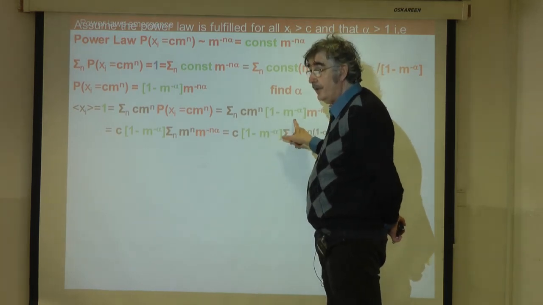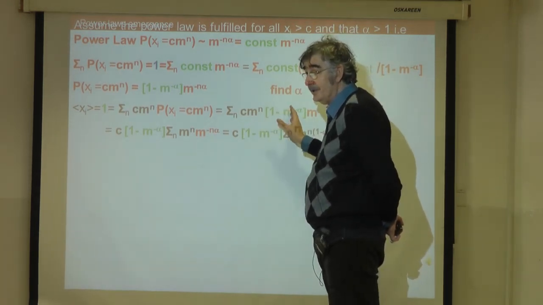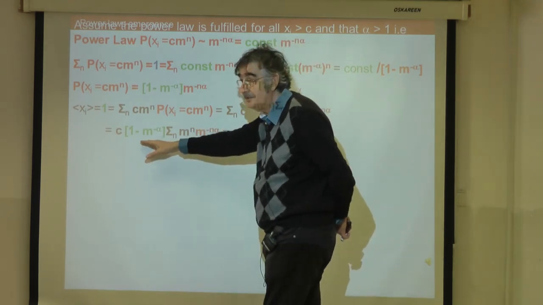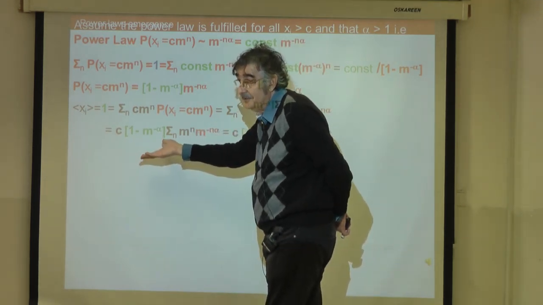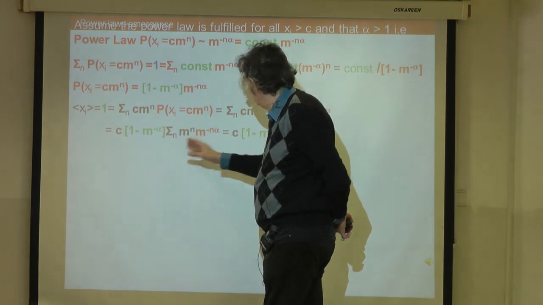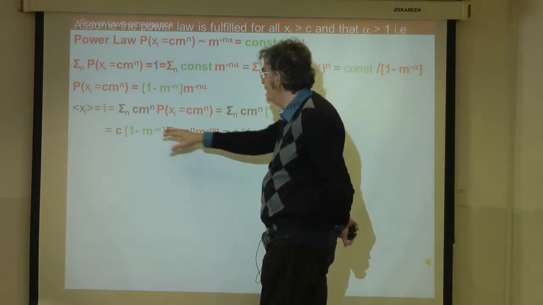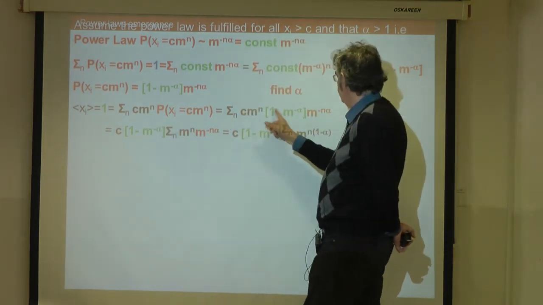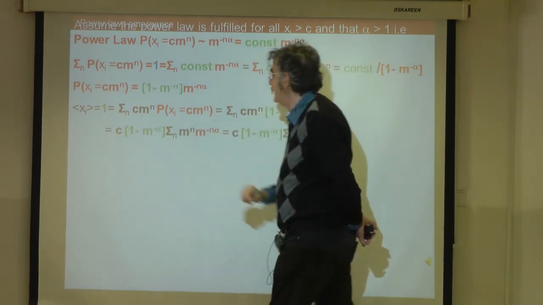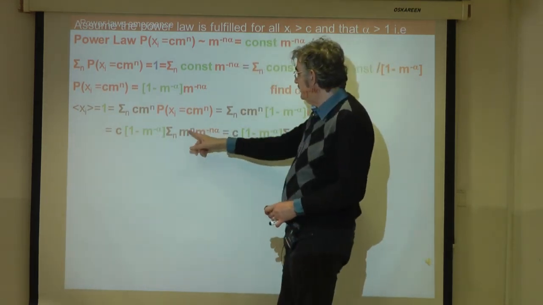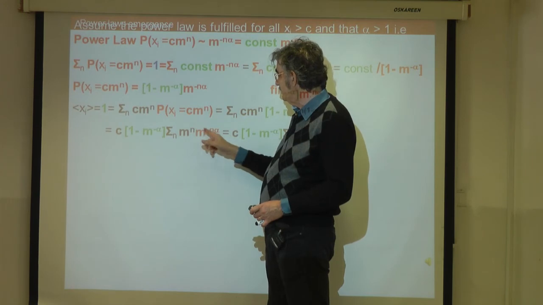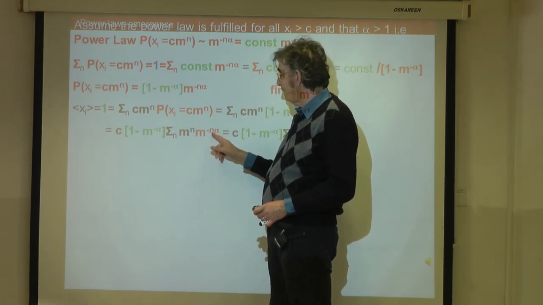So you are aware that if I have a factor here which does not depend on n, I can take it outside the sum. This is sum distributivity. So this factor here, the green one, and c, both of them don't depend on n. I take them outside the sum. Of course, these ones, I cannot take them out of the sum because they do depend on n.